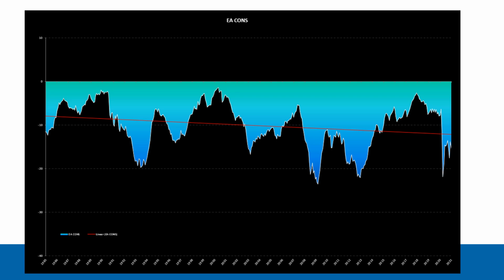The long-term trend line is negative, and the best we're ever going to get from these guys is peaks that are negative. So peaks in the consumer sentiment are actually still negative. Now, this may have something to do with the long-term unemployment rate or youth unemployment in the Eurozone area, but it's likely that it's cultural as well, in that European consumers are more bearish on average than US consumers, which are much more cyclical.